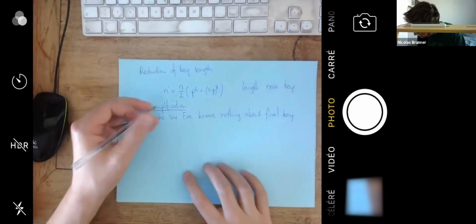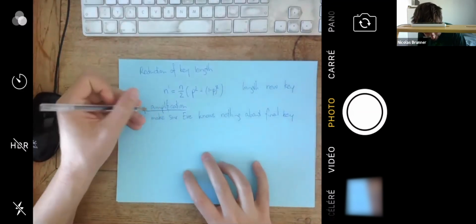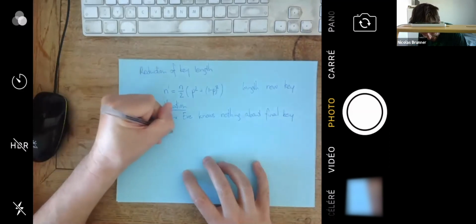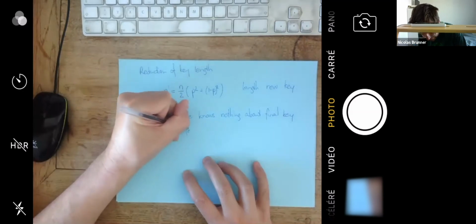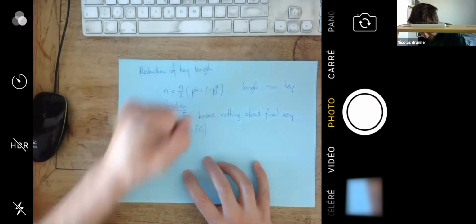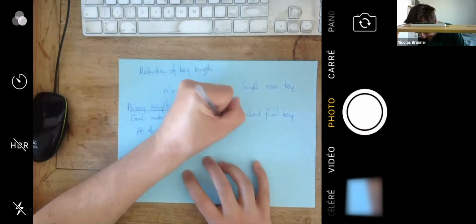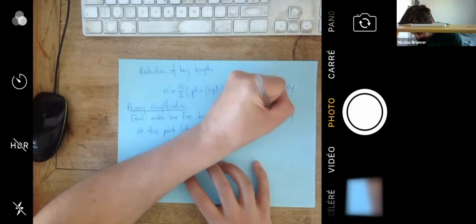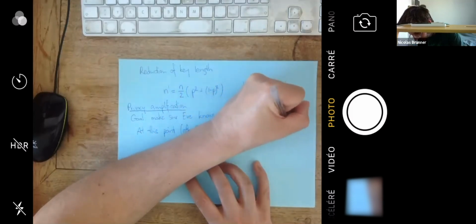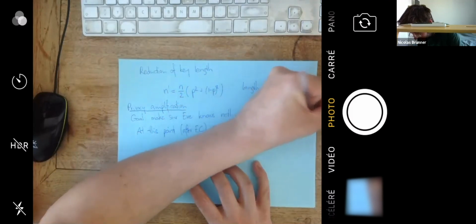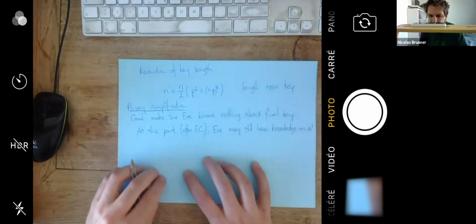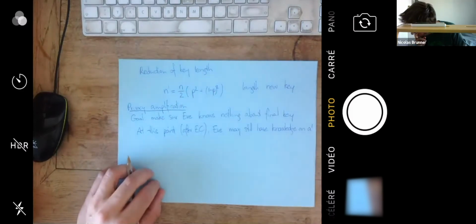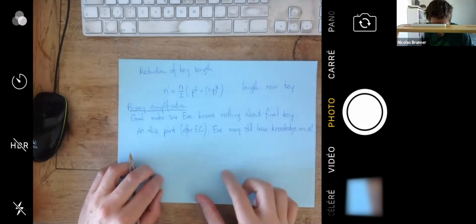So let's formalize that. At this point, after error correction, Eve may still have knowledge on, let me just write A prime, because now A prime and B prime are essentially the same. Let's just say that they are the same.